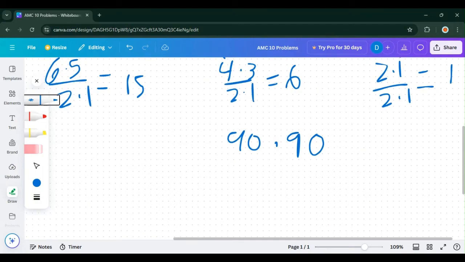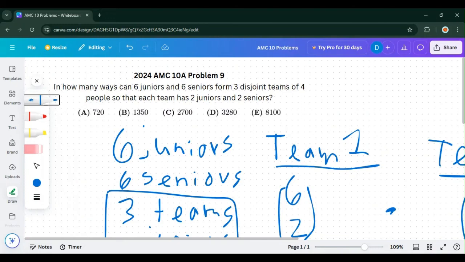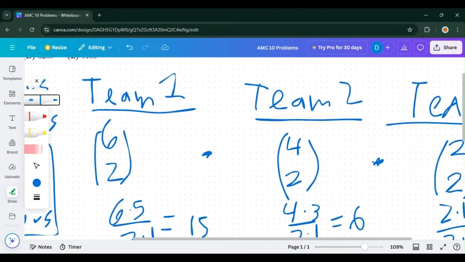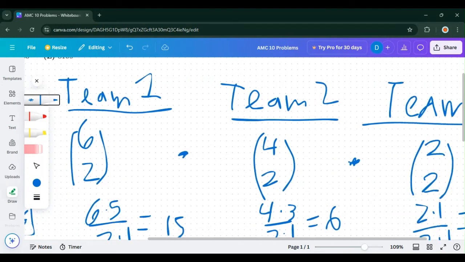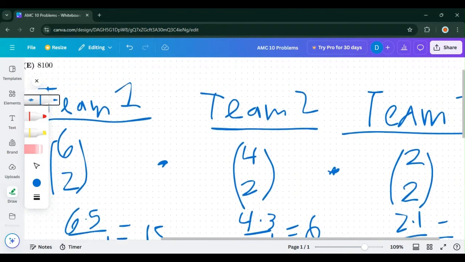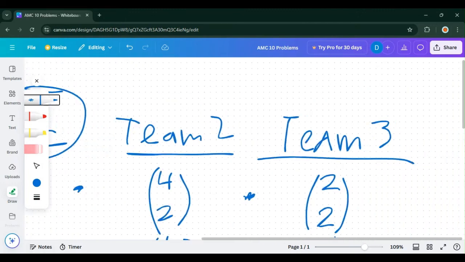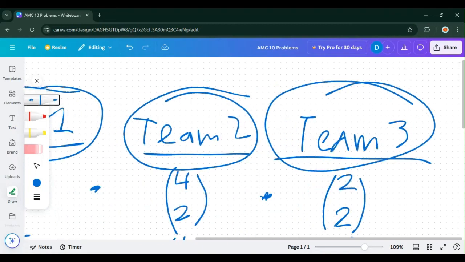However, wait right there. We have to correct for overcounting, because once again, it doesn't matter which order we choose the teams. We corrected our overcounting for choosing the people, and now we have to correct our overcounting for choosing the teams. In this case, we chose the players on team 1 first, team 2 second, and team 3 third.